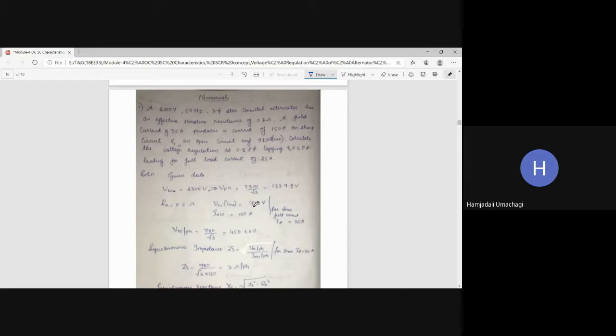To get this open circuit voltage in OCC, and to get the full load short circuit current IASC of 150 ampere, the same field current is required. IF is 35 ampere. So this is the condition for the same field excitation, IF equal to 35 ampere.